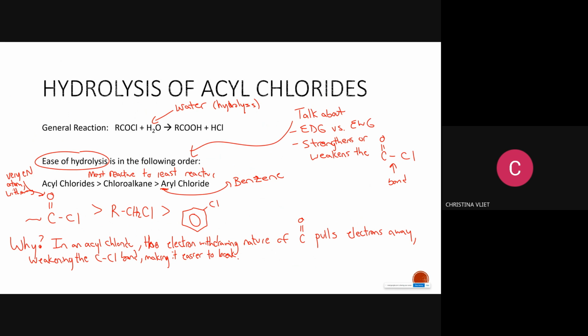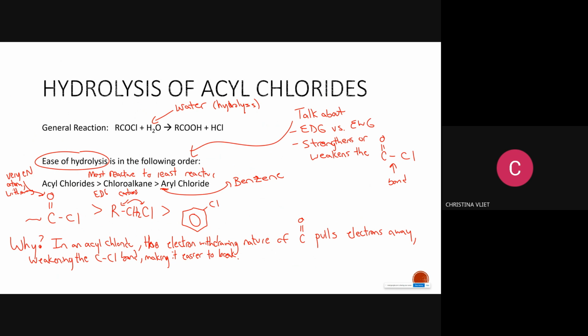So what's going on with a chloroalkane? Why would that be less reactive? Does it have an electron withdrawing group or an electron donating group? This right here, because it's just carbons, right? Carbons are not very electronegative. They're not withdrawing electrons away. They're actually putting electron density into that bond. Because it's an electron donating group, we write it like that, where the electrons are being donated into that bond.